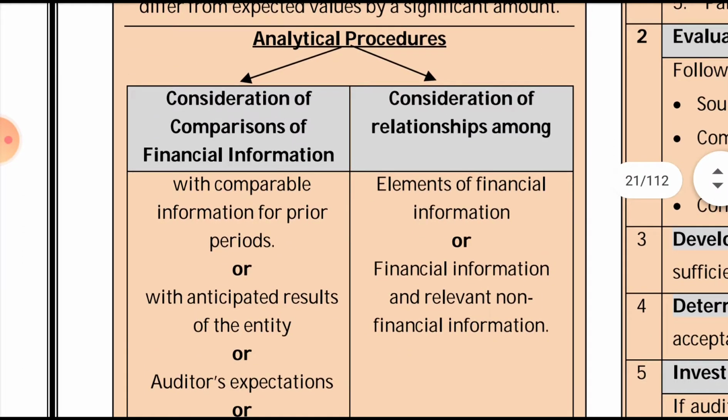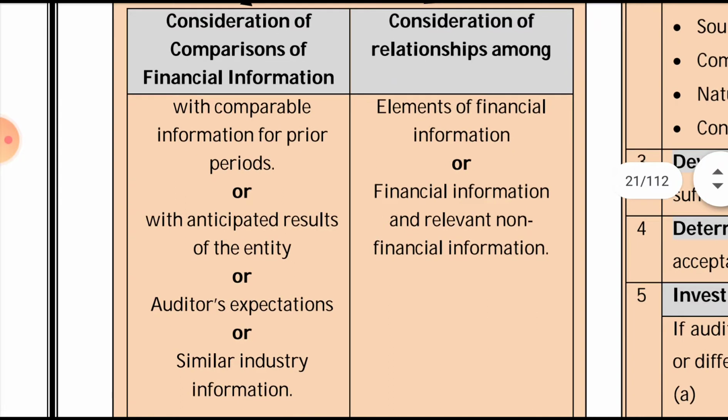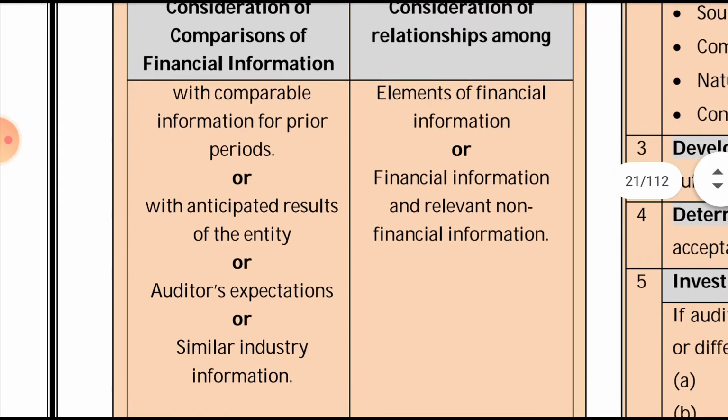Analytical procedure is consideration of the comparison of the financial information. What the auditor basically does is compare the financial information with the comparable information of the prior period, with the anticipated results of the entity, with the auditor's expectation, and with industry information.